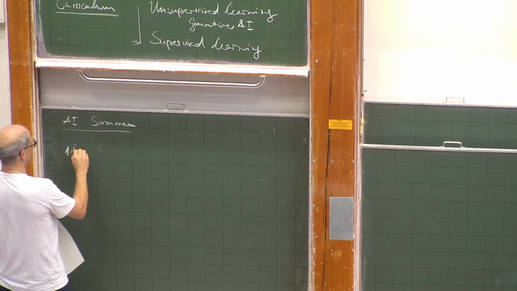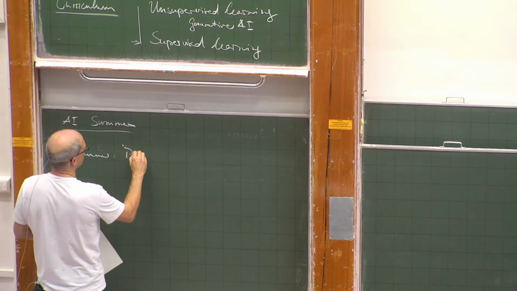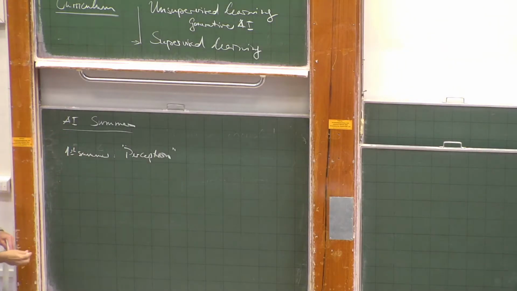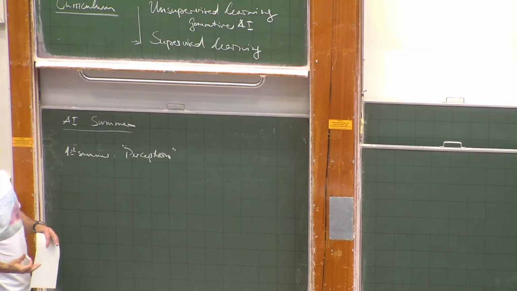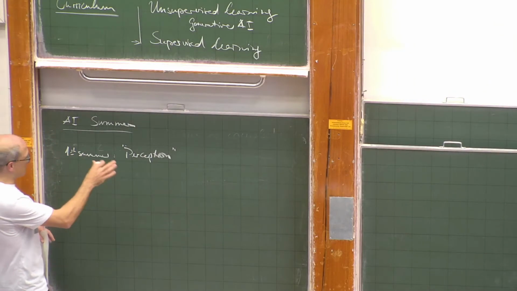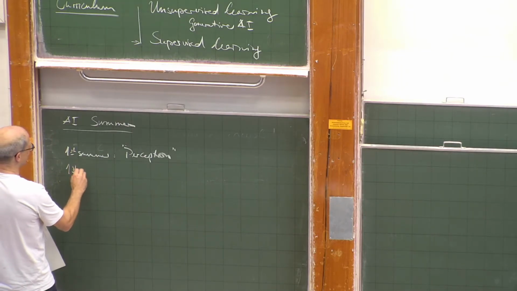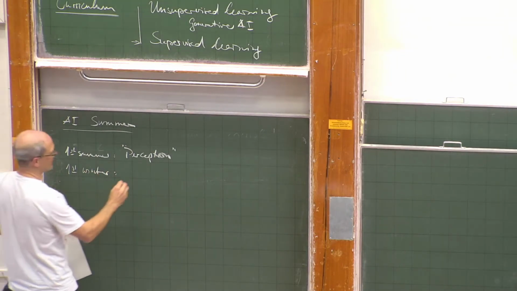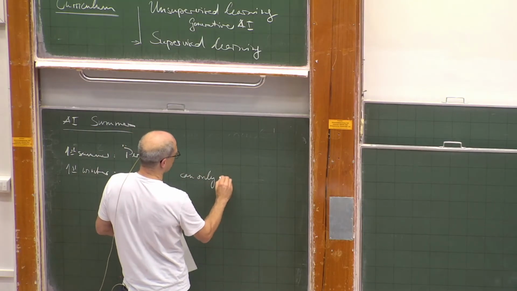So the first summer was the perceptron, which is a single neuron of the kind which we have in our neural networks today. And this was briefly after World War II. It was a machine that could learn in an unsupervised fashion, and people were blown away by it. The first winter came when people realized that the perceptron can only solve linear problems.